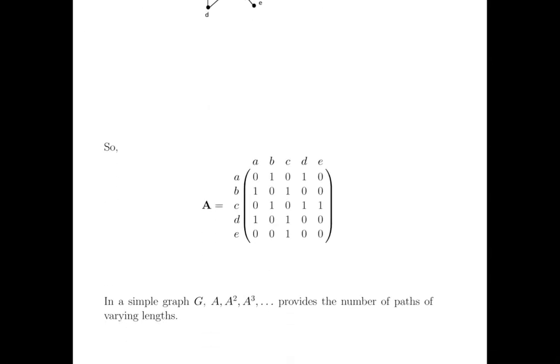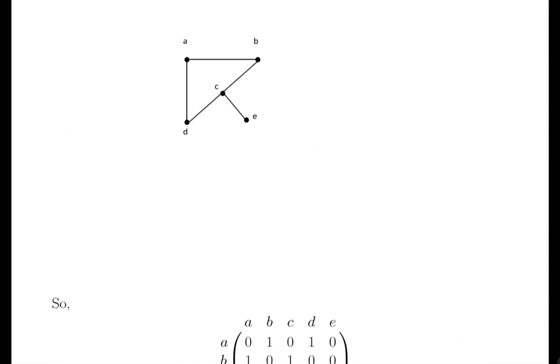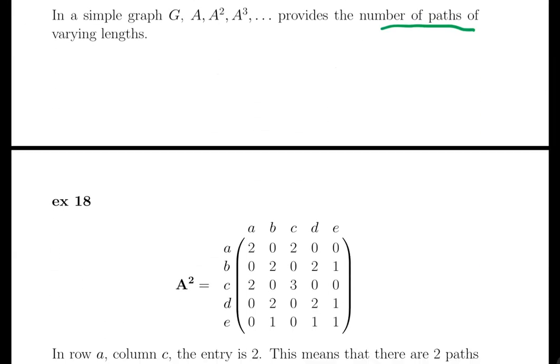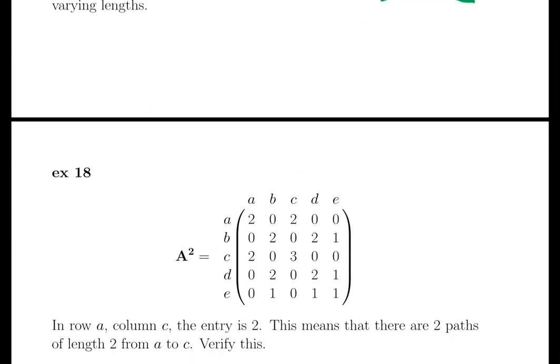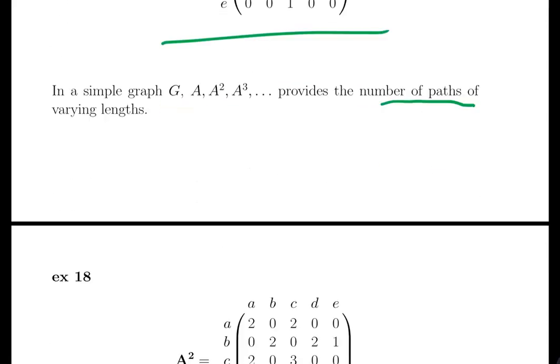Okay. And in a simple graph, right, it has to be simple, if you take a look at A squared, A cubed, A to the 4th, you actually get the number of paths of varying lengths. What do I mean by that? Well, here's our adjacency matrix for this particular graph. So let's take a look at A squared. All you do is take this matrix and square it, right? It's a square matrix, so it's not a problem.